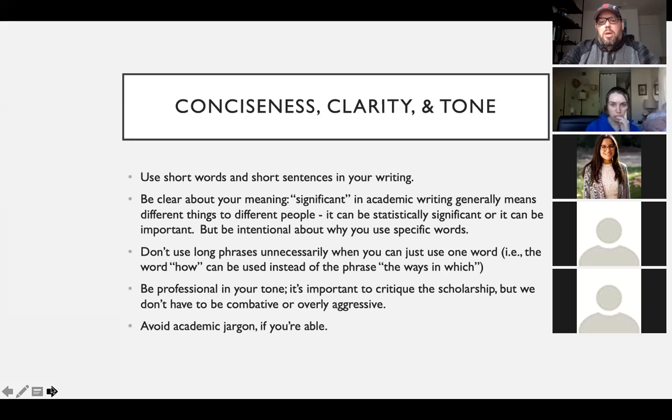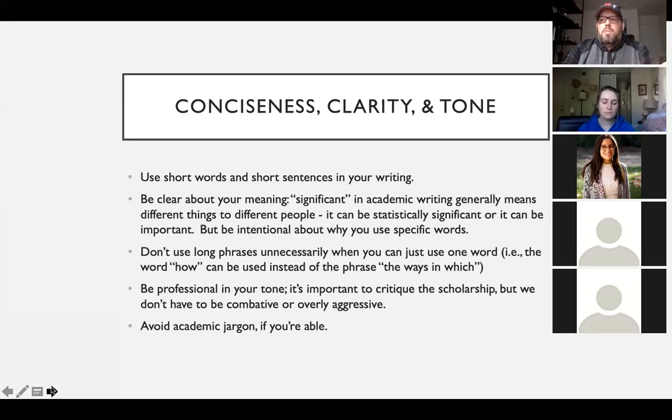Additionally, you want to be clear about your meaning. So I use the example of significant here because in scholarship, when you're talking about research, significant can mean different things to different people. Oftentimes in quantitative research, they're testing for significance, right?